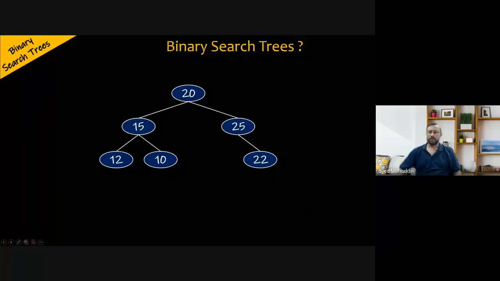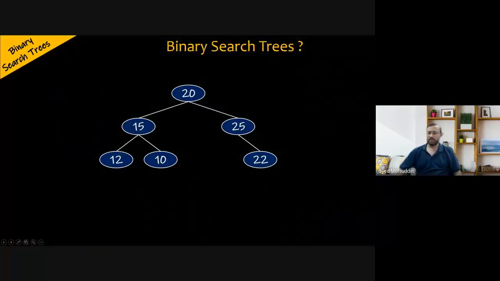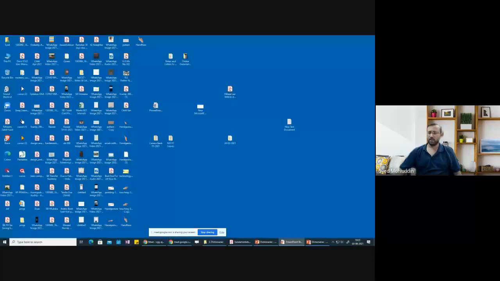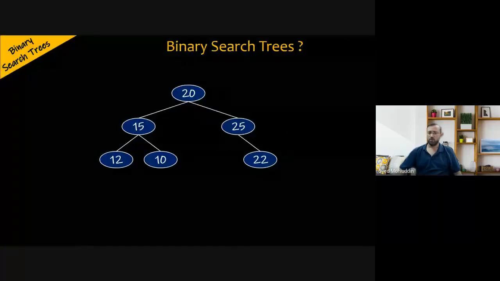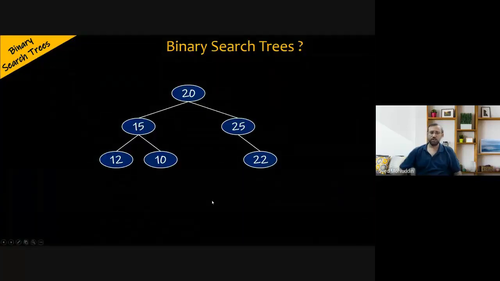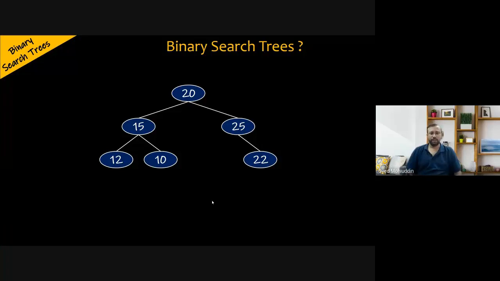The difference is that the binary search tree only concentrates on whether there are two nodes, a single node, or no node. That means a node in a binary tree may at most have two children. The binary search tree also works on the same concept, that is, it has at most two children.